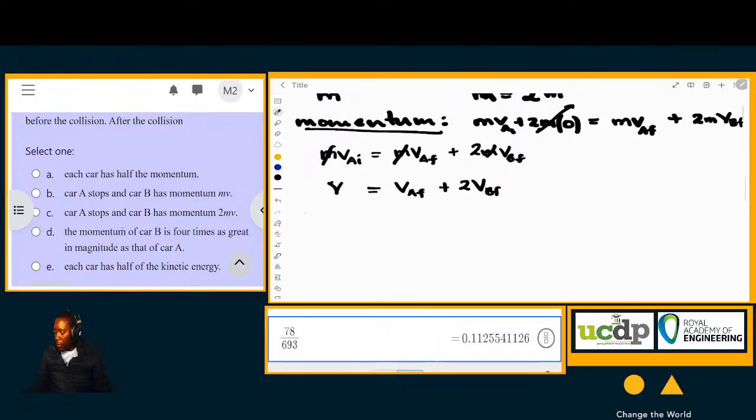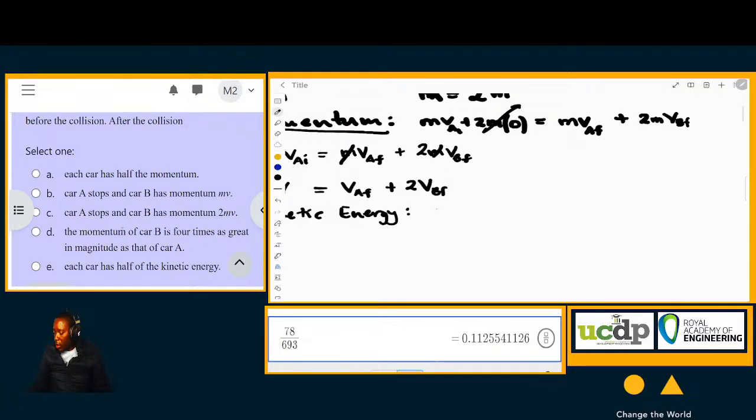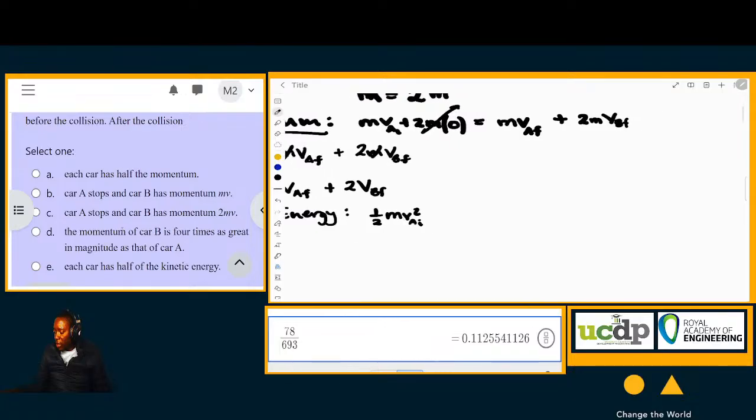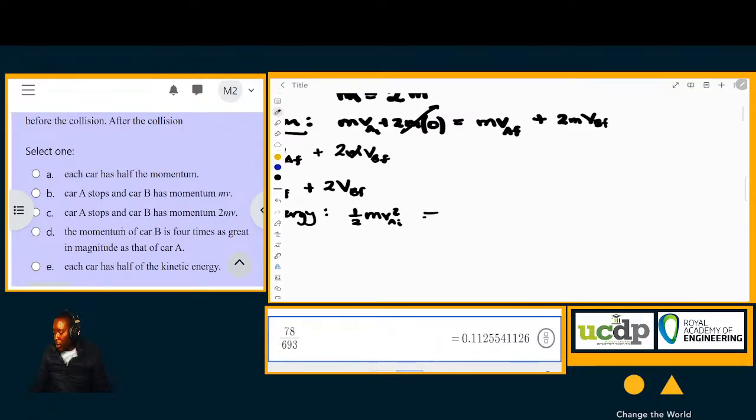The second equation should be conservation of kinetic energy. As such, half m VA initial squared plus 0, because VB initial is 0, I'm going to leave that one out, will be equal to the total final kinetic energy, which is half m VA final squared plus half 2m VB final squared.